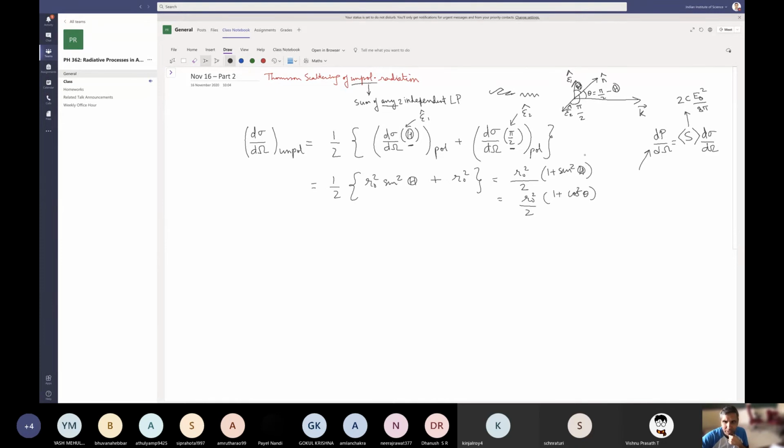Now here, this is the direction between epsilon 1 hat and n hat. This is the direction between n hat and k hat.